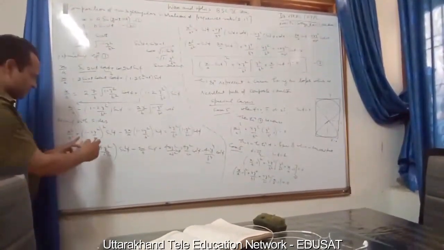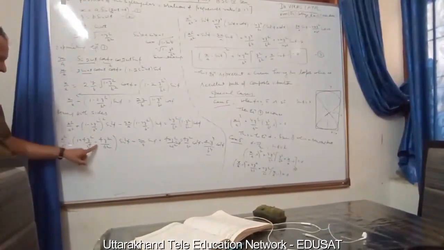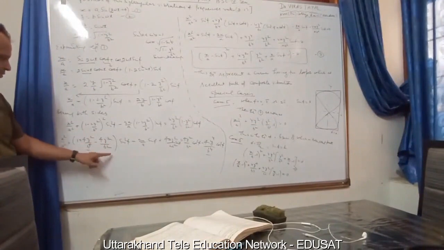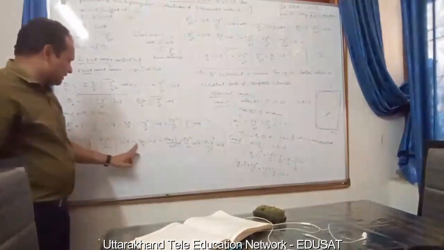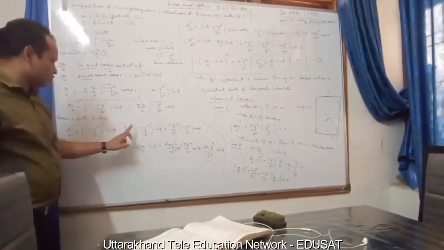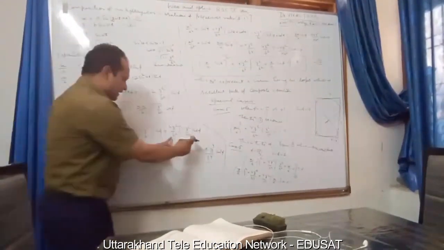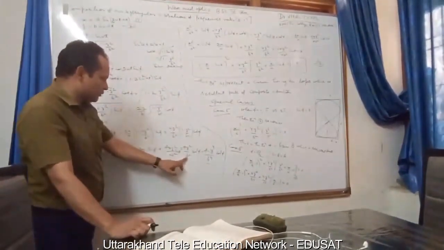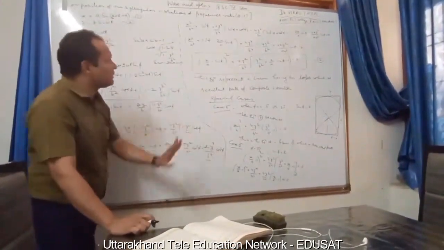Now open this bracket, 1 plus 4y to the power 4 upon b to the power 4 minus 4y square upon b square, sine square phi, minus this multiplied by this, 2x upon a sine phi, minus minus plus, 4xy square upon ab square sine phi, and this value again 4y square upon b square cos square phi, again multiplied by this function will become this.